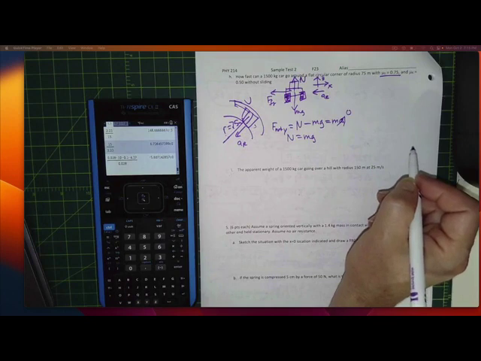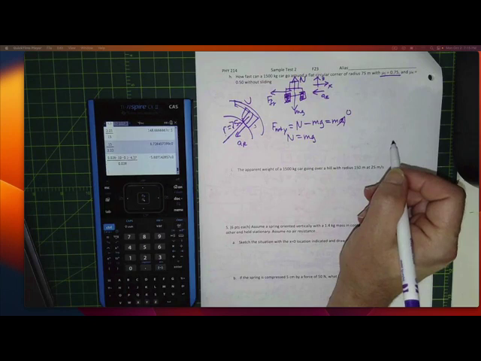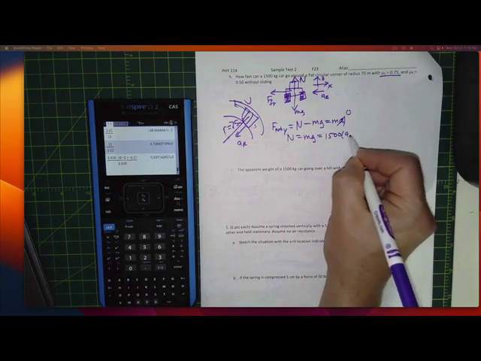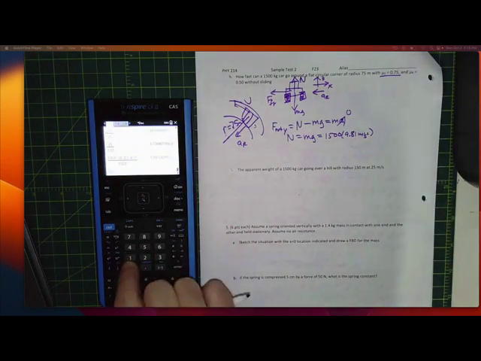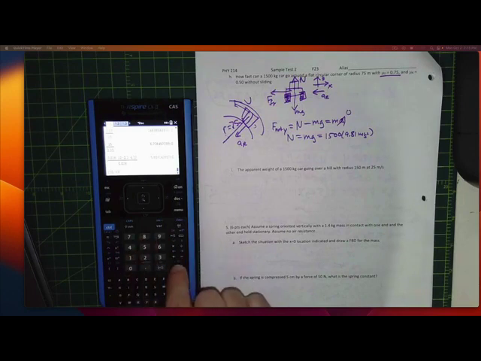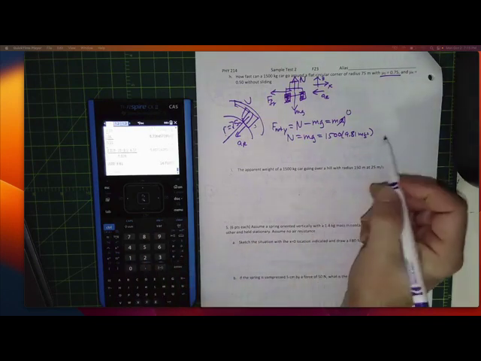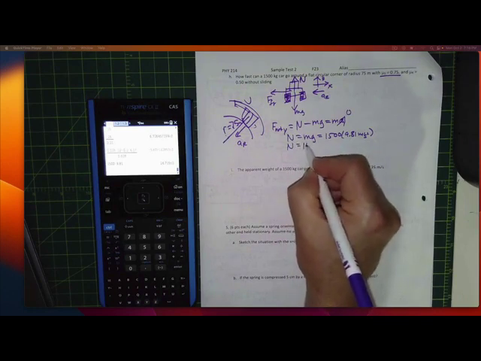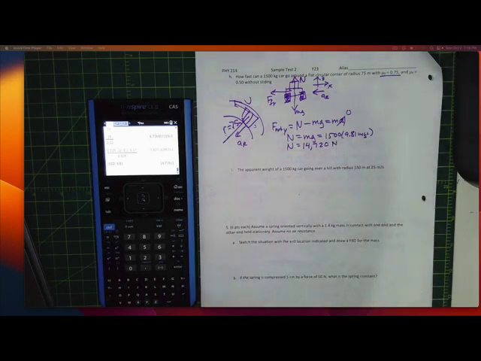All right, we're going to need n for calculating the friction. Let's just go ahead and calculate it now. 1,500 times 9.81. Although the mass probably would cancel out, so maybe doing this a little bit ahead of time, but we'll just go with it. 14,720 newtons.